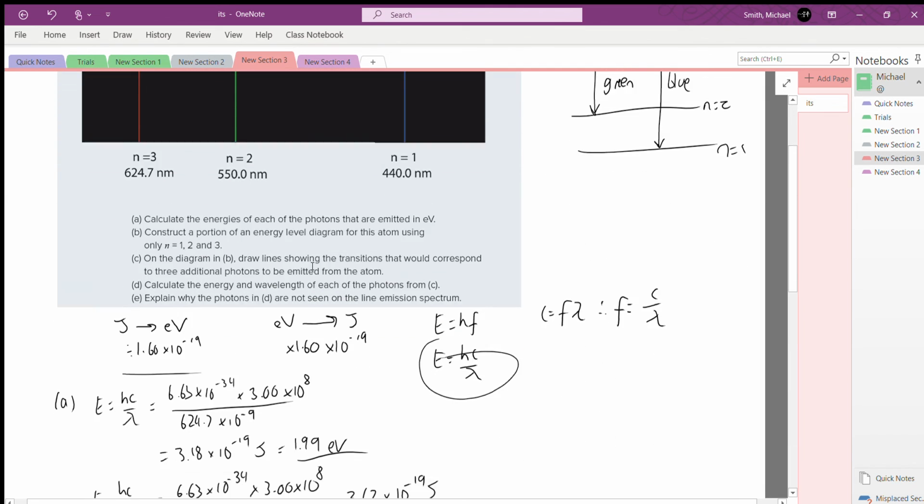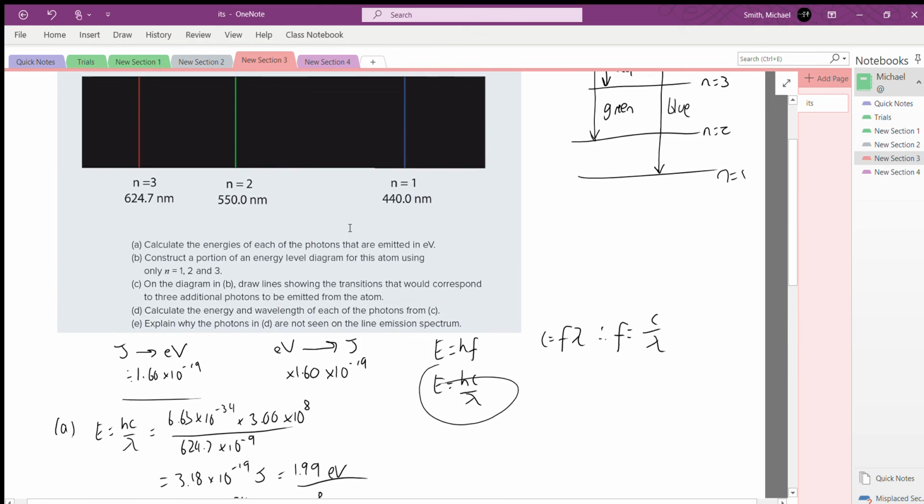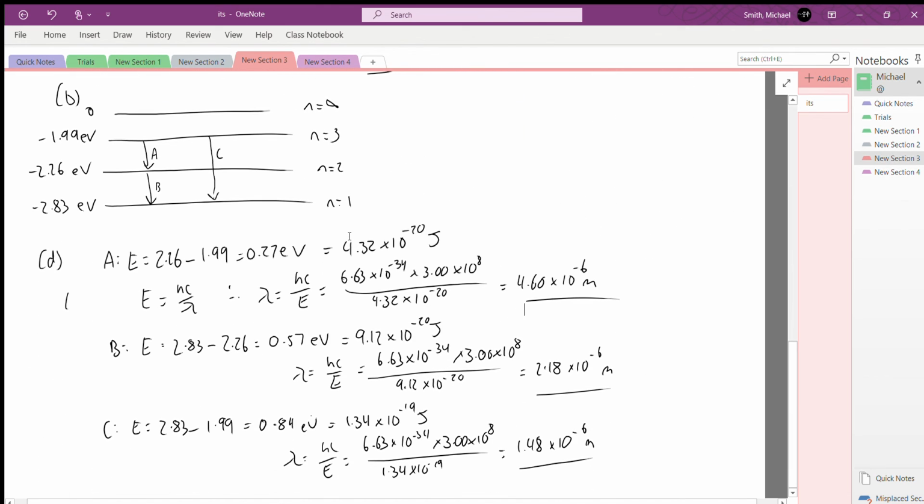Now, we need to explain why these photons are not visible in the line emission spectrum. So 4.6 times 10 to the power of minus 6 meters, 2.18 times 10 to the power of minus 6 meters, and 1.48 times 10 to the power of minus 6 meters. All of these are outside the visible region.